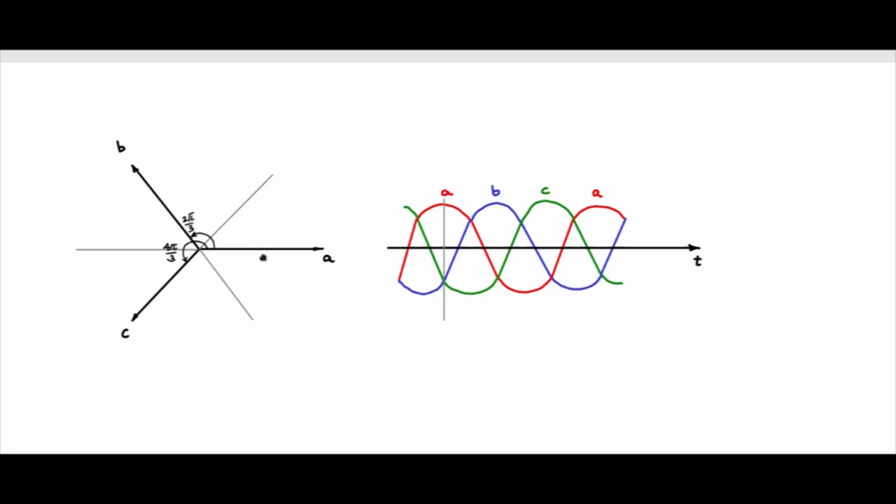Now consider a reference line like this at a given time instant. Now at this instant, A phase is at a maximum, B phase and C phase are at negative 0.5. So I will put the A phase value.